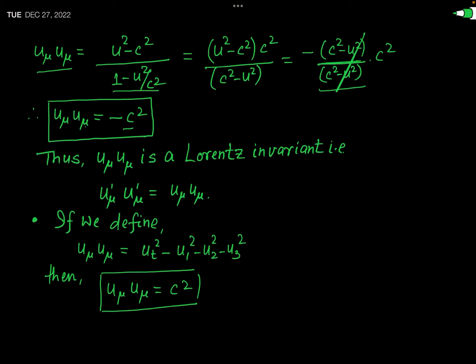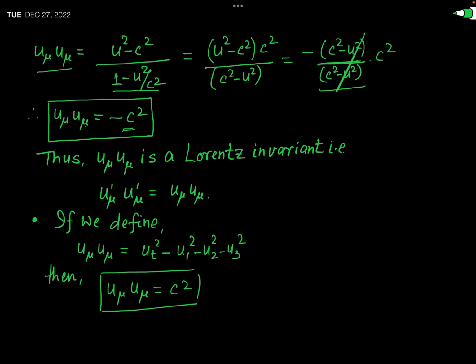You will find that in several university examinations or different competitive examinations where objective questions are asked, this question is invariably asked. There will be 4 options given, and you have to select the correct answer for the square of the modulus of the 4 velocity vector, and the option minus c square will be correct.